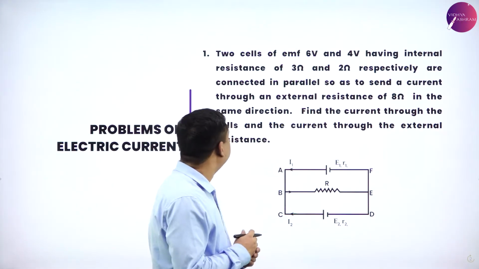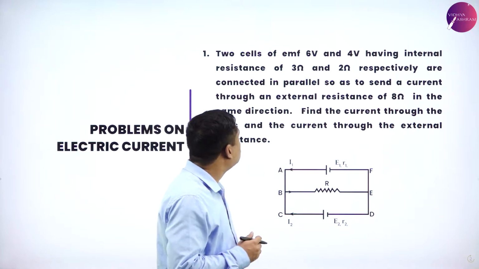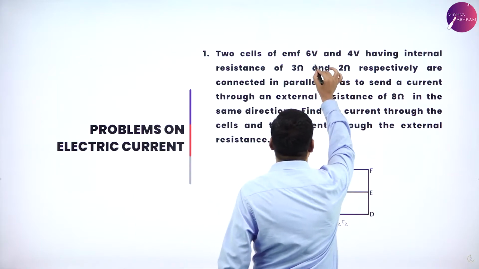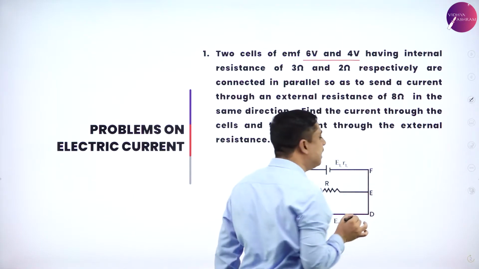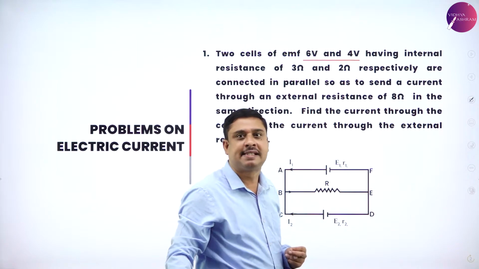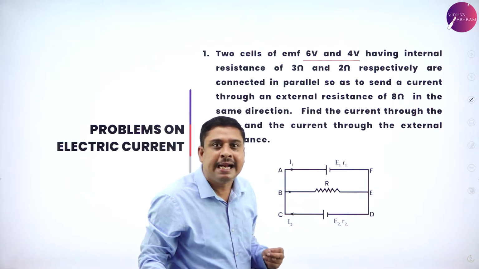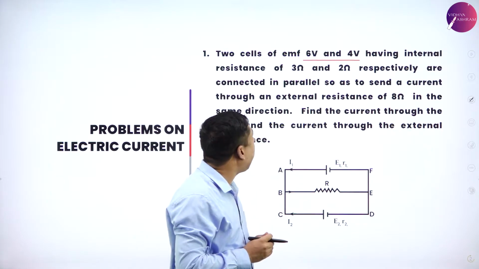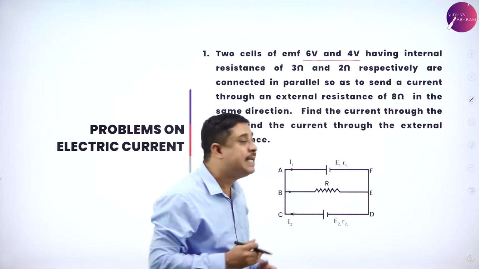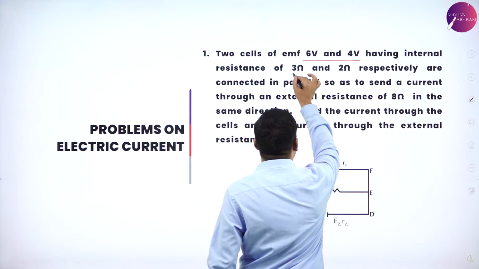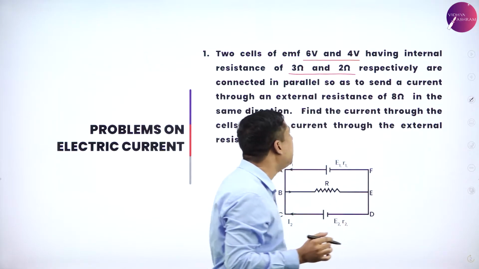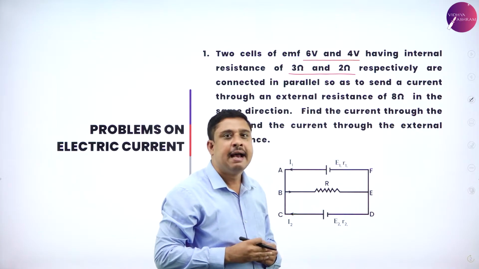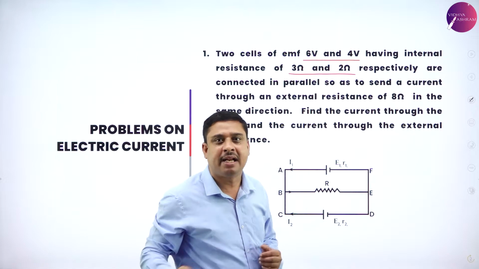The first problem. 2 cells of EMF 6 volts and 4 volts having internal resistance 3 ohms and 2 ohms are connected in parallel.